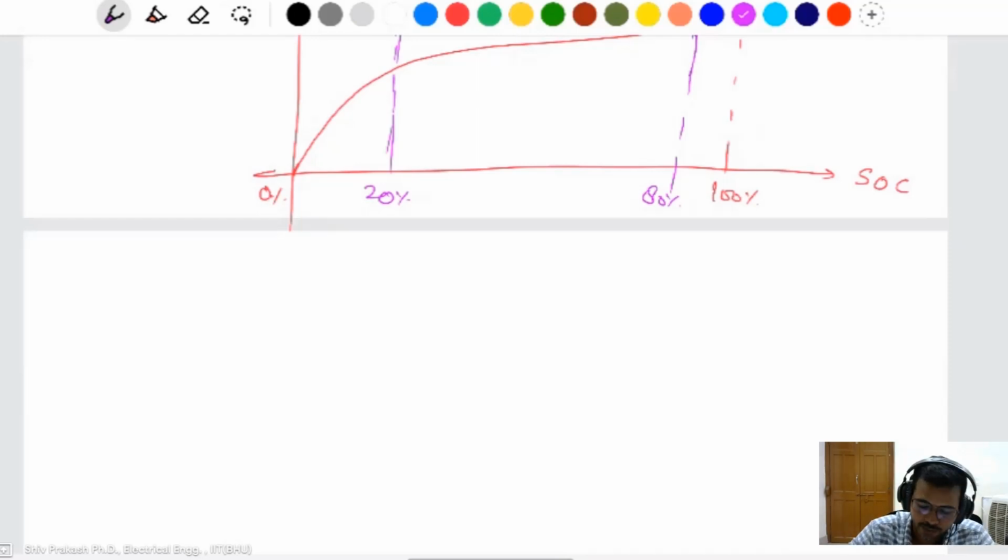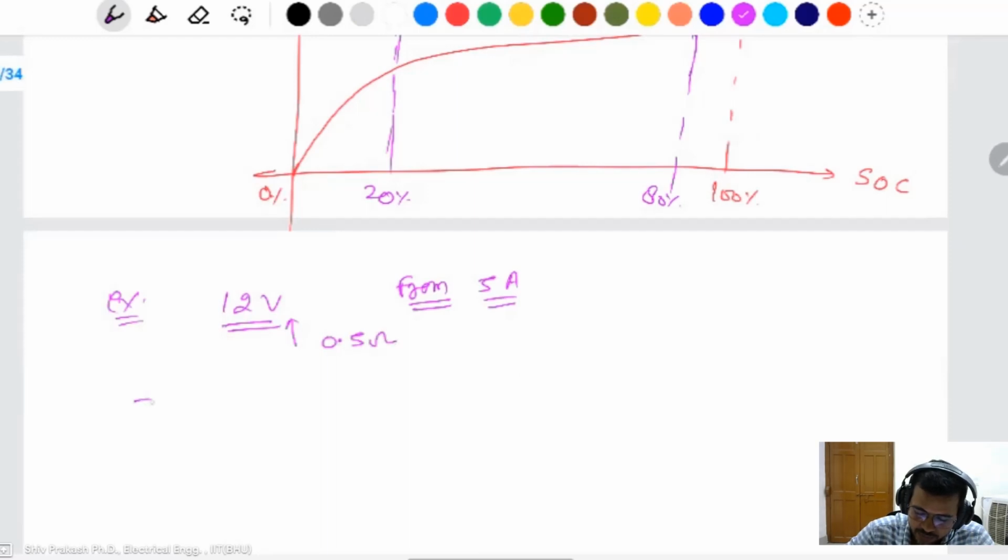For example, if you have a 12-volt battery and you charge it with a current of 5 ampere, and suppose the internal resistance is 0.5 ohm, then what is the terminal voltage Vt?